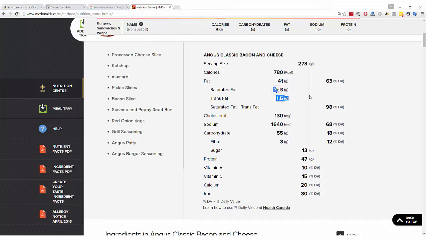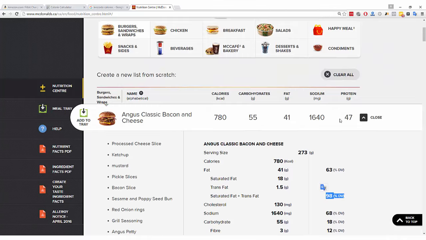So all this fat, all 41 grams, is bad fat for you. And altogether, that's 98% of the bad fats that you can eat during the day. Basically, if you crave bad fat, saturated and trans fat, then you can eat one of these burgers, and that's it. That's all you can consume during the day to stay within the daily recommended limit of saturated and trans fats.